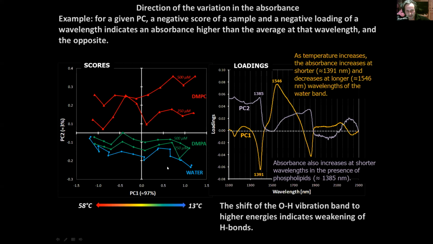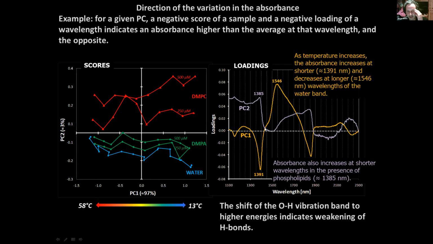On the contrary, these samples, the coldest, those on the right of the graph, also have positive score values between 1 and 1.2.